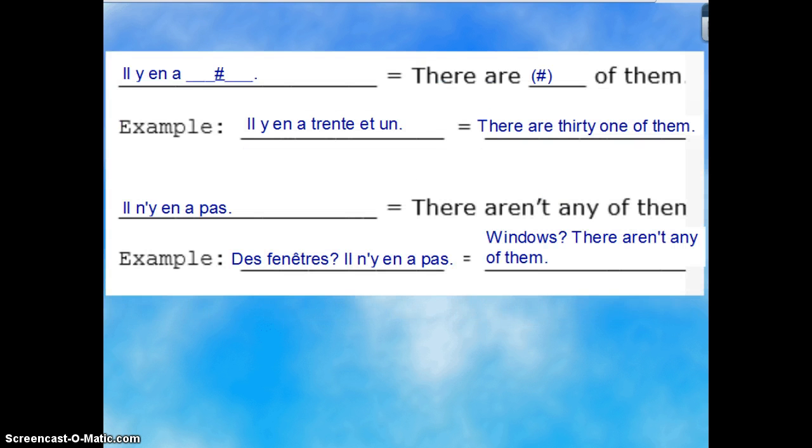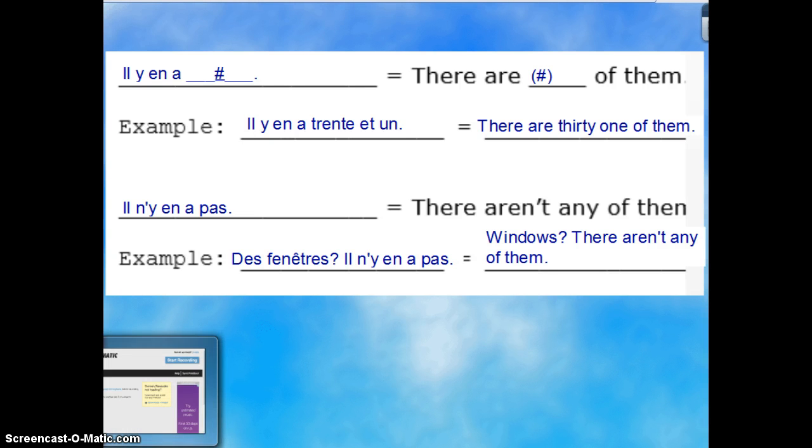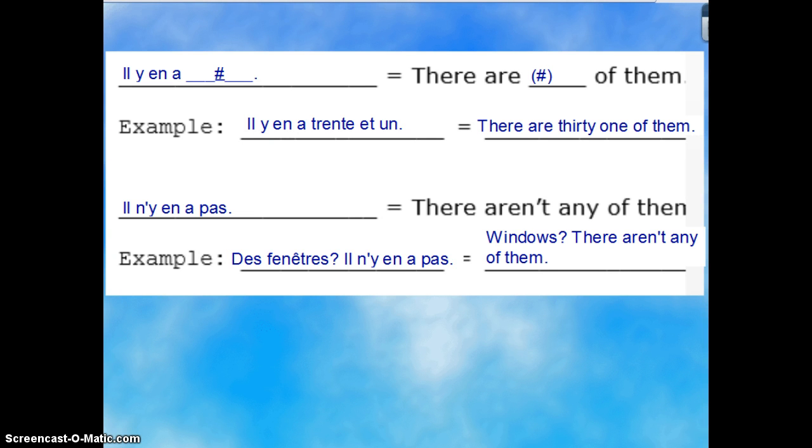So once again, if you have a question, you need to have some options for answers. If you want to respond by saying exactly how many chairs there are in a classroom, you're going to use the phrase il y en a. This en here is actually like the words of them in English, and you'll have to fill in a number. You could technically say, il y a 31 chaises. There are 31 chairs.